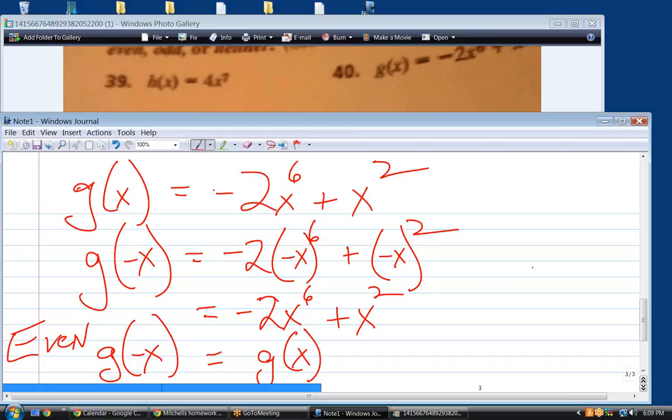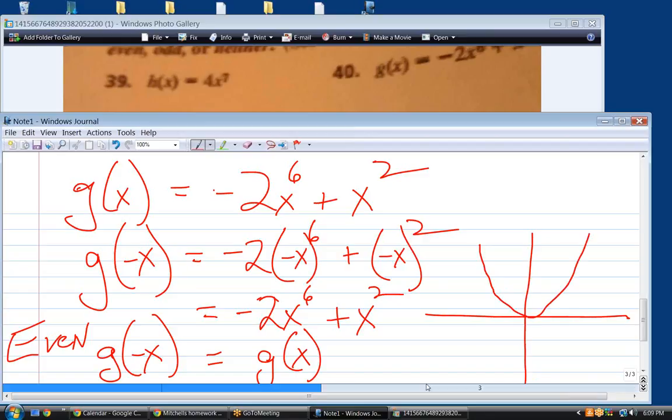Now, what else about even functions is interesting is this is an even function and it has perfect symmetry about the y-axis. So any function that you discover is even has symmetry about the y-axis.